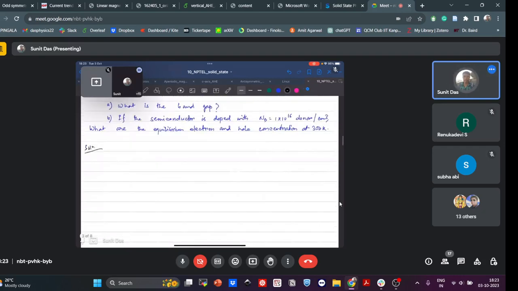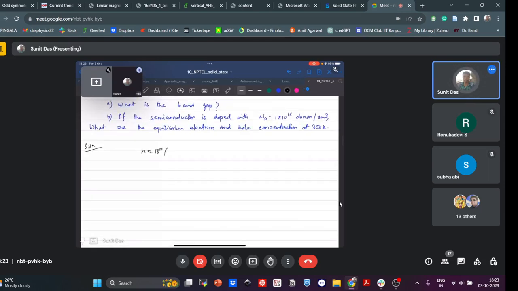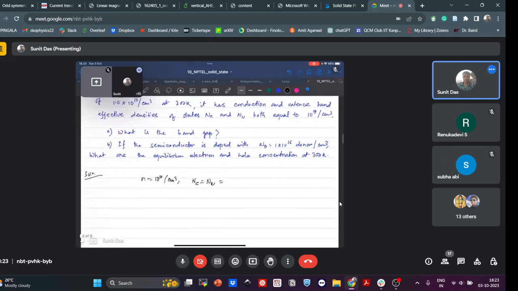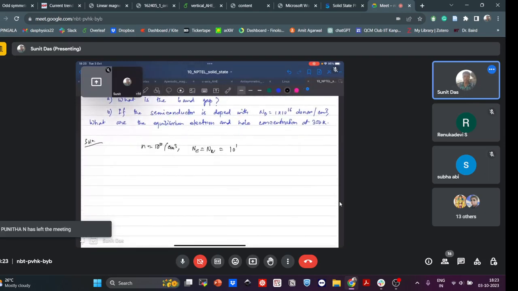We are given the intrinsic concentration to be 10 to the power 10 per centimeter cube, whereas Nc equal to Nv, so these are 10 to the power 19 per centimeter cube, and temperature is 300 Kelvin.